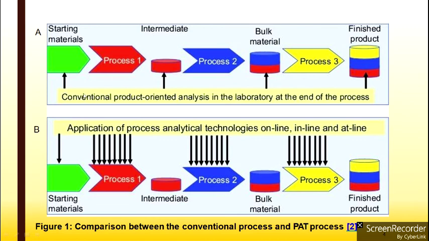So here in this case, only the finished product will be analyzed using the statistical tools, and you will check whether the quality is there. But here, when you're allotting this PAT technology, every critical process will have this inline, online, outline, which will analyze what is going on using some statistical tool or method and tell you whether the first process is right or wrong.